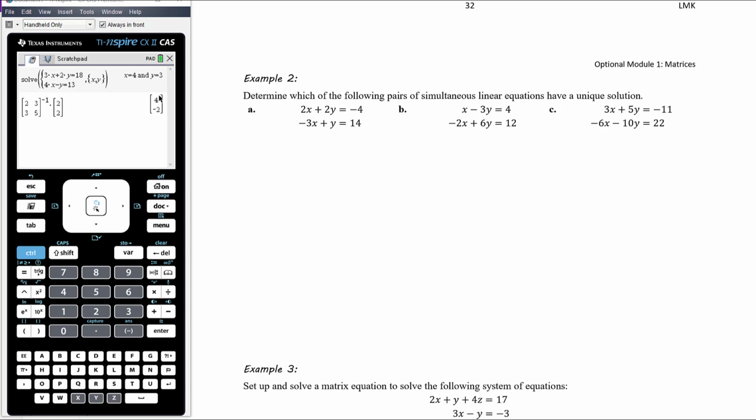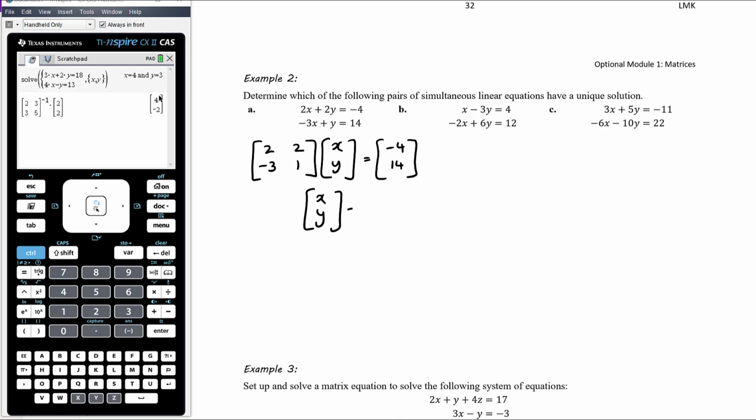Okay, so if we were to set up the matrix equation here, first of all checking we've got our x's and y's lined up and our constants on the other side. Then we extract our coefficient matrix, so 2, 2, negative 3, 1, times (x, y) equals (negative 4, 14). In order to solve this, we would need to use the inverse of that matrix.